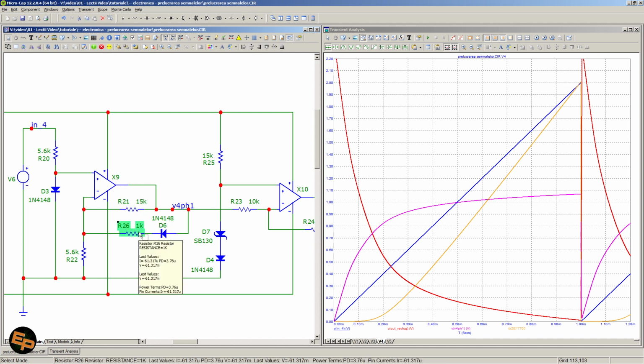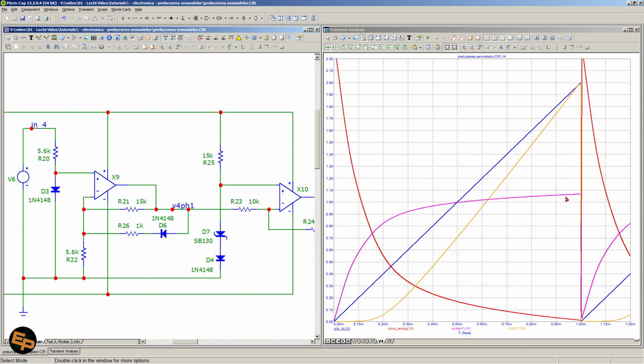And if this resistor is considerably smaller than this other one, then we will have this more flattening curve happening here.